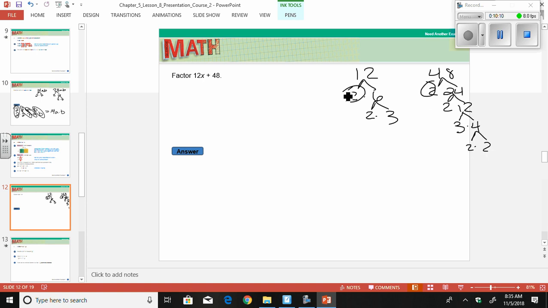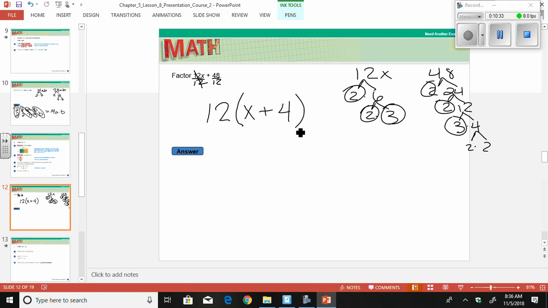We have a 2 in common, a 2 in common, a 3 in common. This has an x that did not. That's everything that we have in common. So 2 times 2 is 4, times 3 is 12. So we have a 12. Well, what happens when we divide everything by 12? I'm left with an x plus 48 divided by 12 is 4. So I'm left with 12 parentheses x plus 4. That is the factored form.